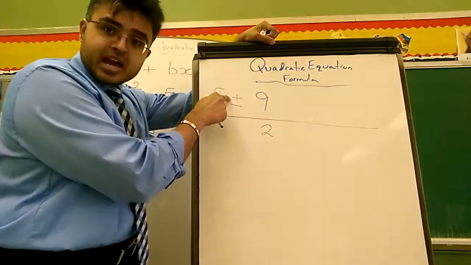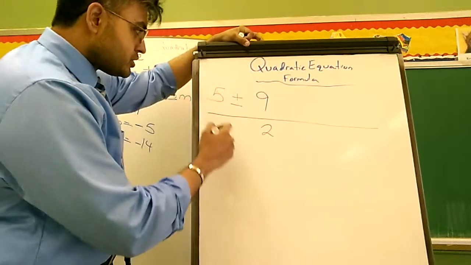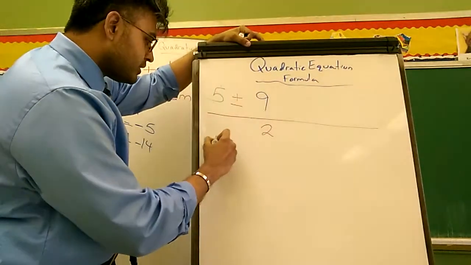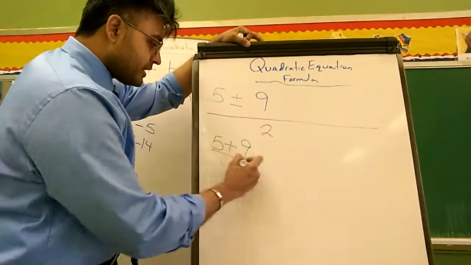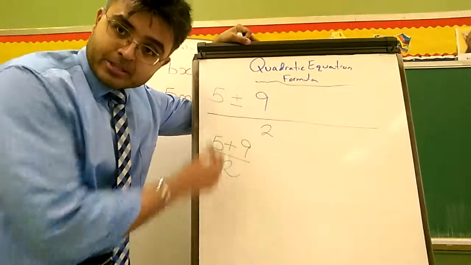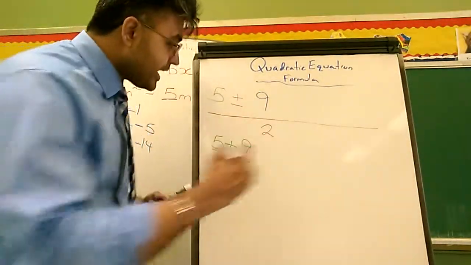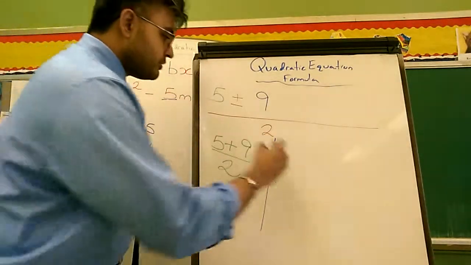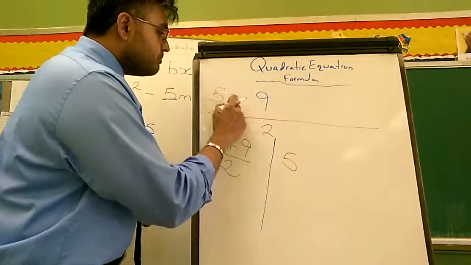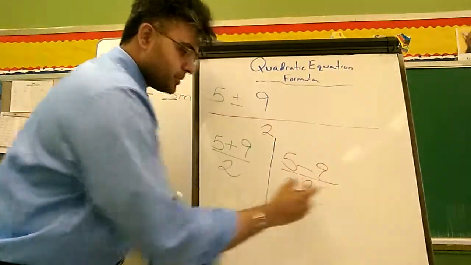First things first. We have a plus sign and a minus sign. I'm going to start with the plus sign first. So, 5 plus 9 divided by 2. That's one of my answers. And on the other side, right over here, I'm going to have 5 minus 9 divided by 2.